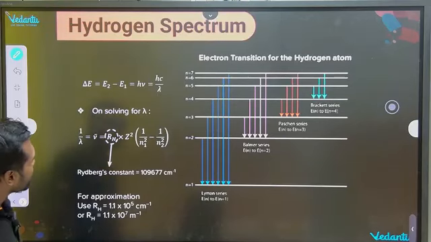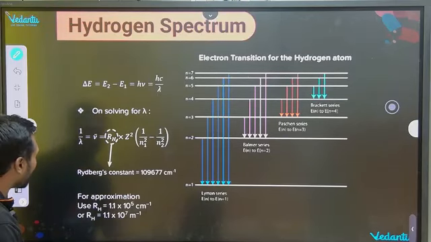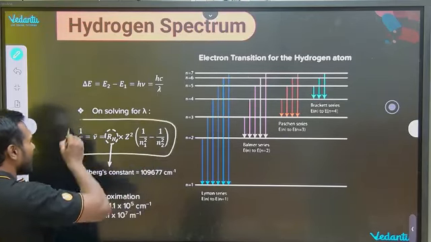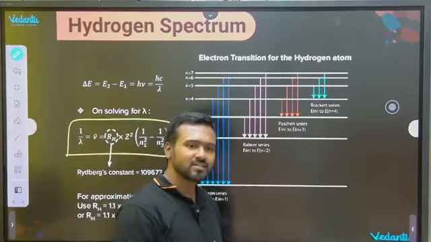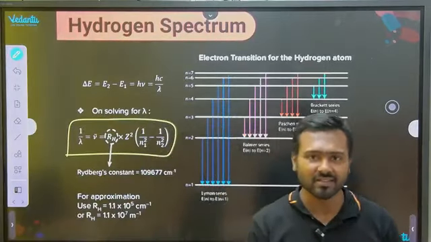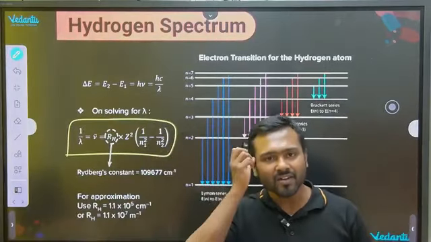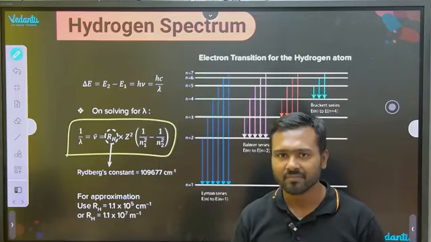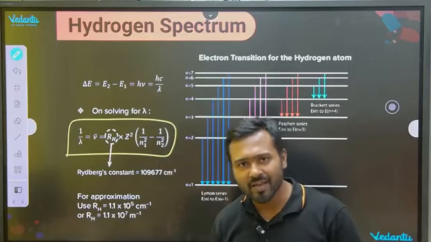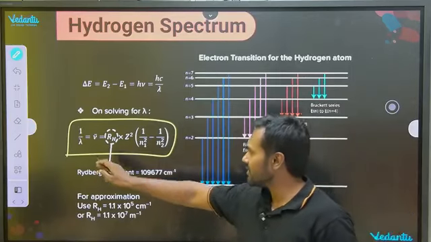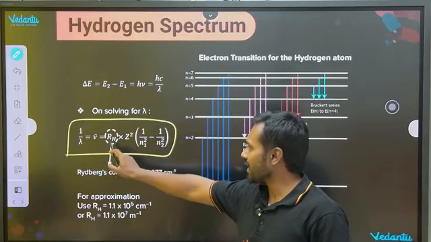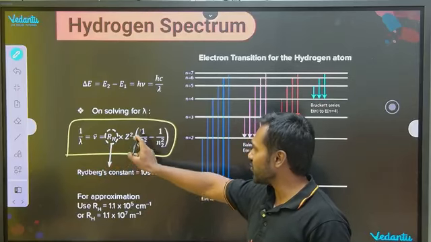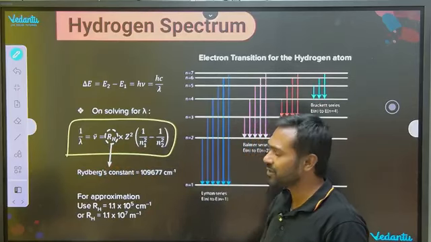Okay, hydrogen spectrum. In this one you have to remember this formula, which finds the spectral line wavelength, that is, at what wavelength you get the spectral line. The formula is 1 by lambda, which is nothing but nu bar, equals RH into Z square into (1 by N1 square minus 1 by N2 square).